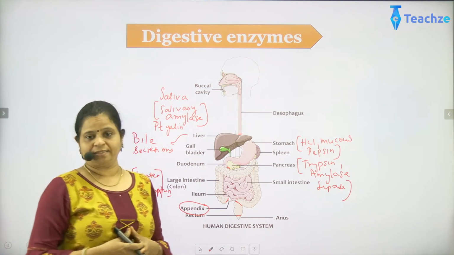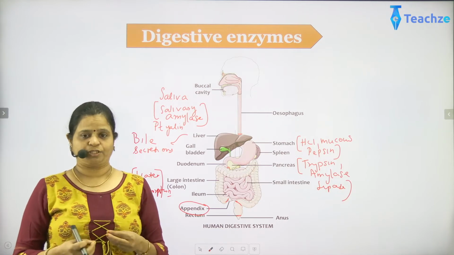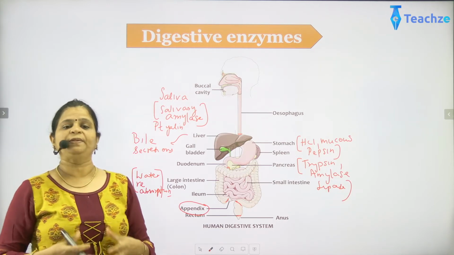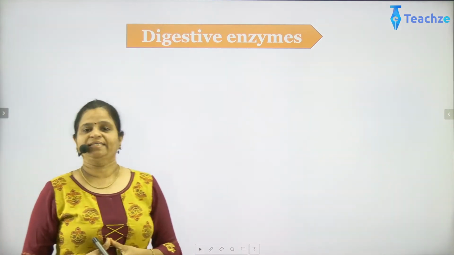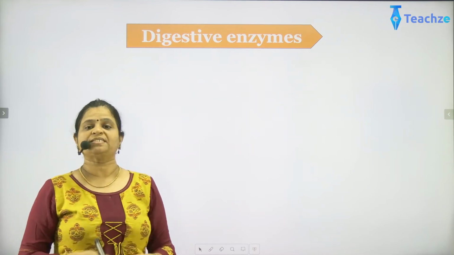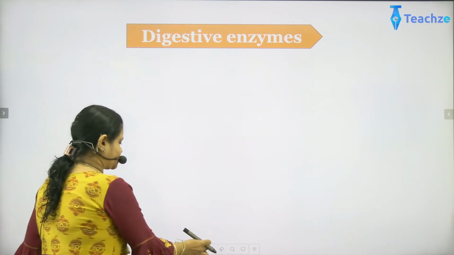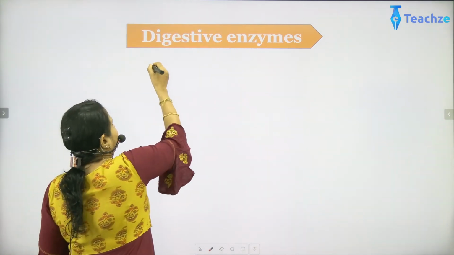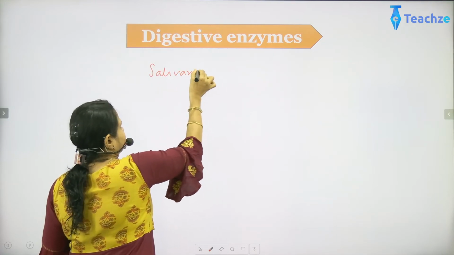With that understanding, let's look at the different enzymes and the action of what they are doing to complete this process of digestion. Look at the digestive enzymes. We already studied the digestive enzymes present in different areas. We will be starting with the salivary glands, which produce an enzyme called salivary amylase.